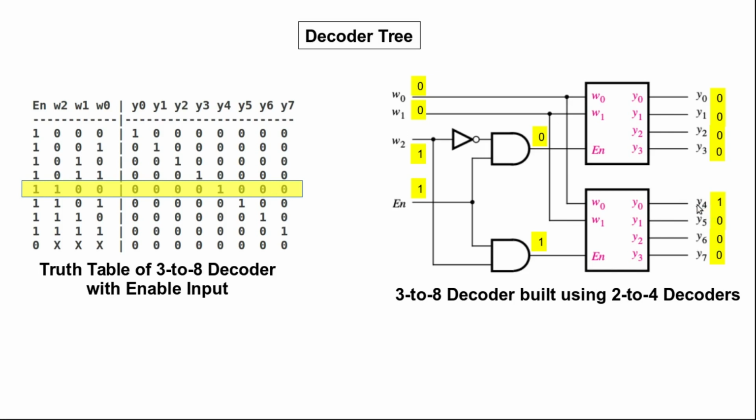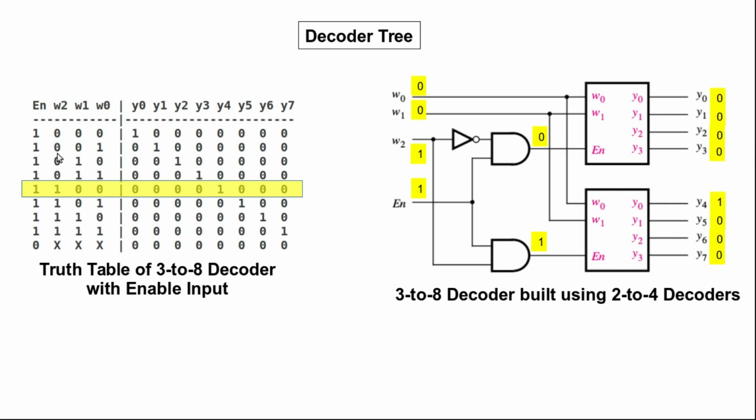So the Y4 output of the 3 to 8 decoder will be equal to 1, and hence the 8 outputs now are 0 0 0 0 1 0 0 0, and that's what we have in this truth table, 0 0 0 0 1 0 0 0. So the output is matching what we have in the truth table.